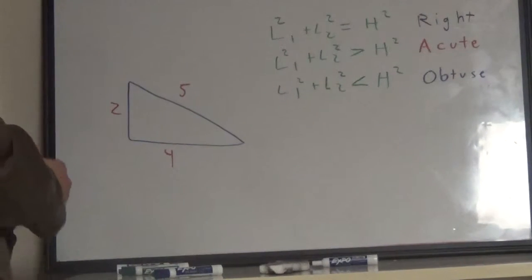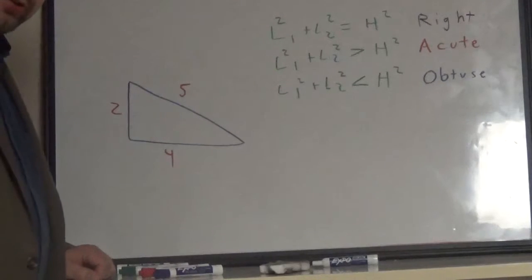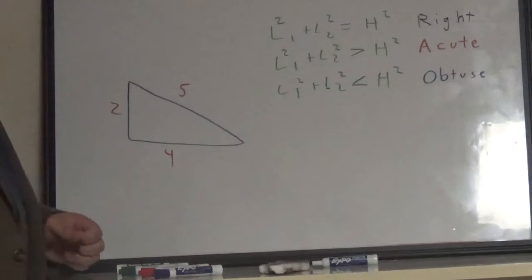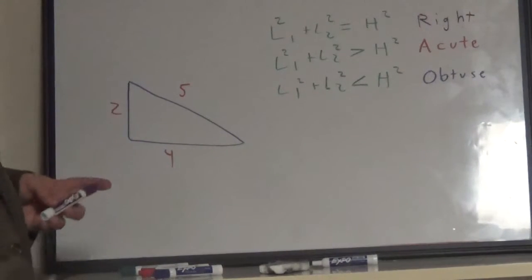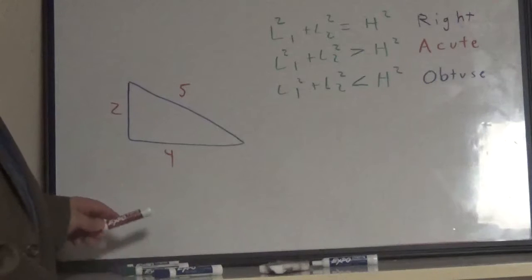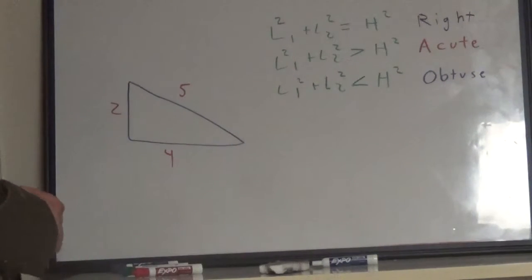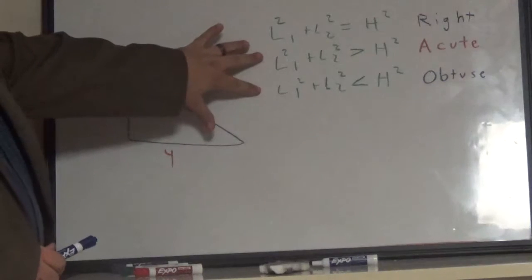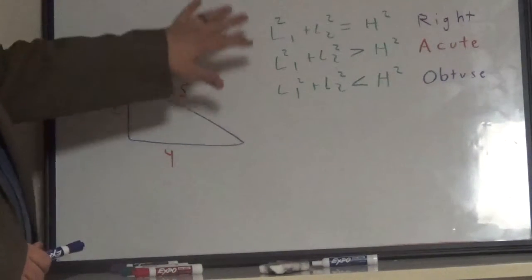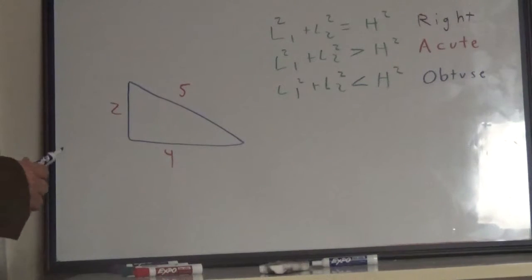If you're astute, you're going to notice this is obviously not a right triangle because 3, 4, 5 worked. Let's look this over. We can see whether it is acute, obtuse, or right by using the Pythagorean Theorem.